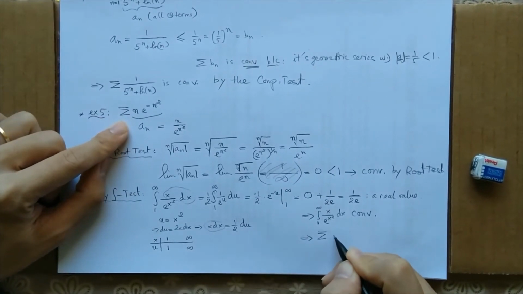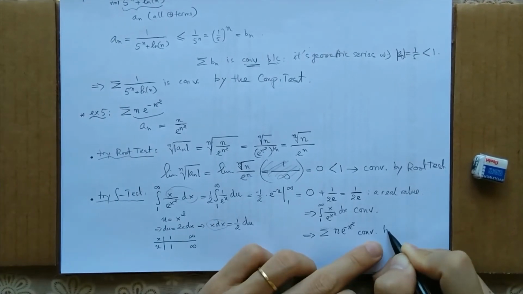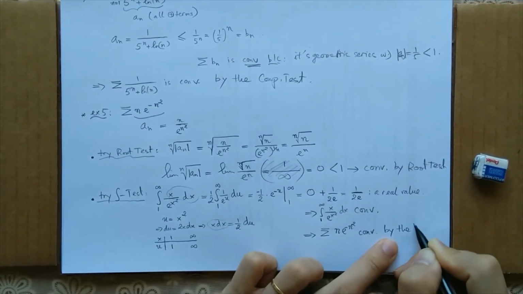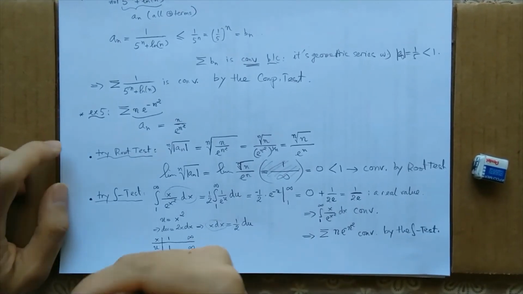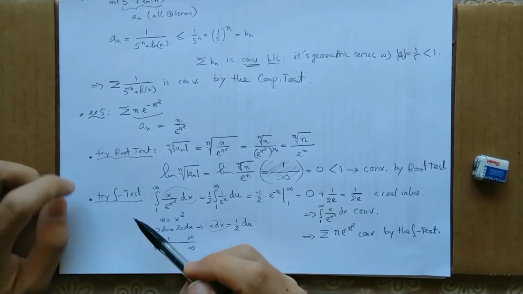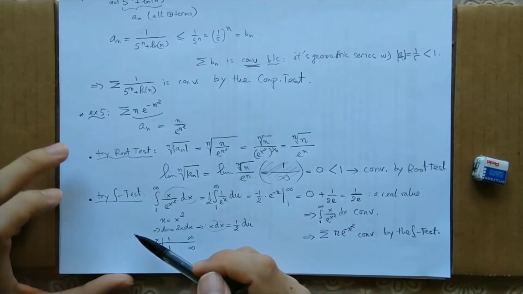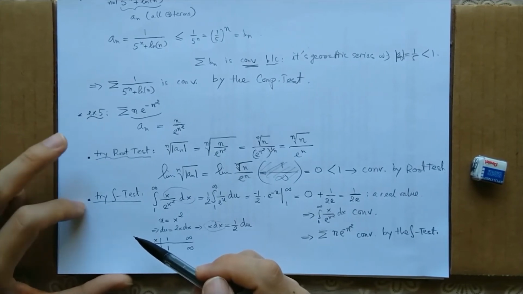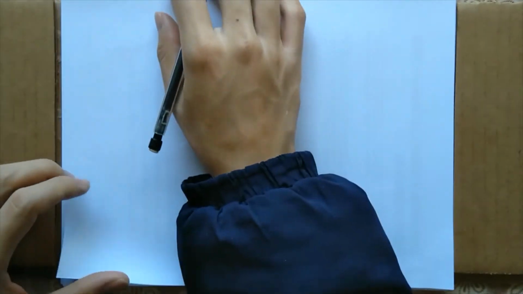So the corresponding series is also convergent by the integral test. So you have seen that not only one way is going to work; you can have different strategies to prove that something is convergent or divergent. Now next, example number 6.